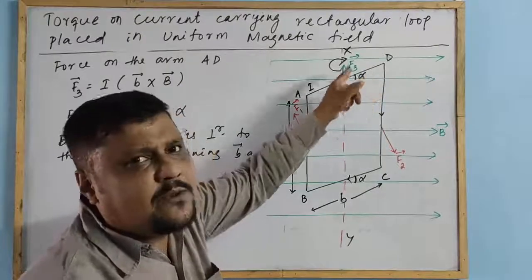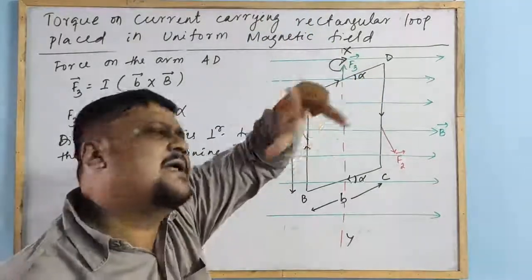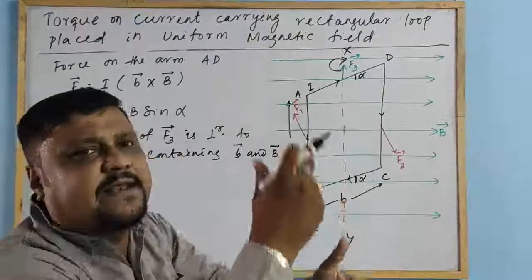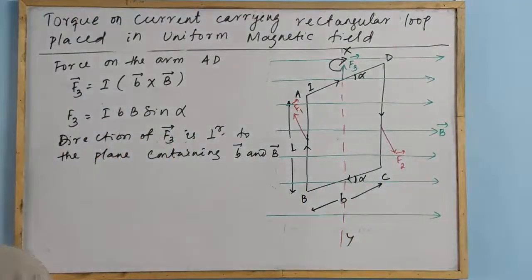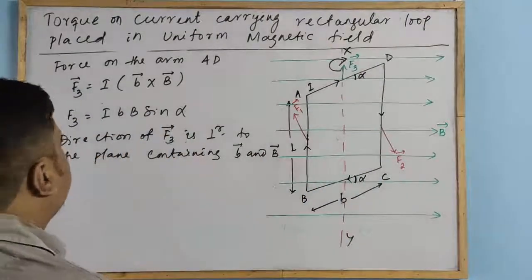If it is 90, then all are mutually perpendicular. Since it makes an angle, the force is perpendicular to the plane containing B and L.